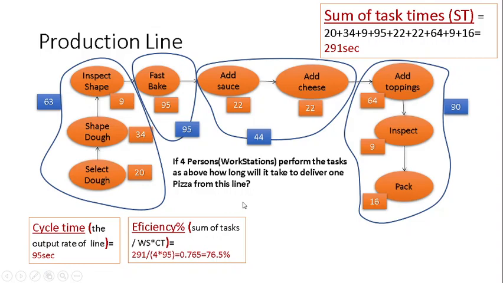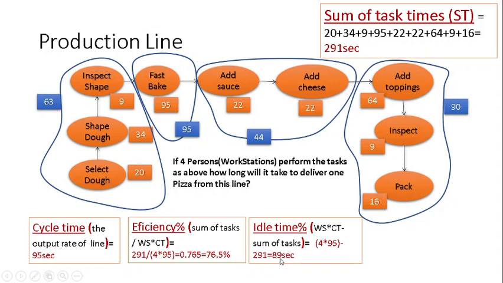If we again calculate the efficiency, we see that it is 76.5%, which is a little bit lower than the previous one. The idle time here is 89 seconds, which is again a little bit lower than previous, but in this setting, what we have achieved is a much higher output rate than before.